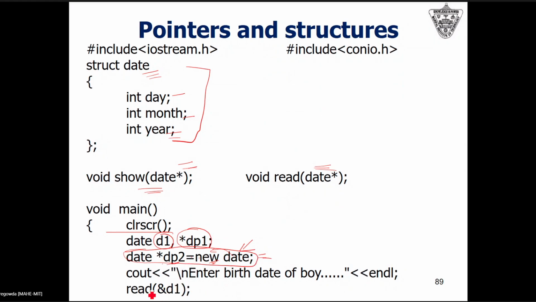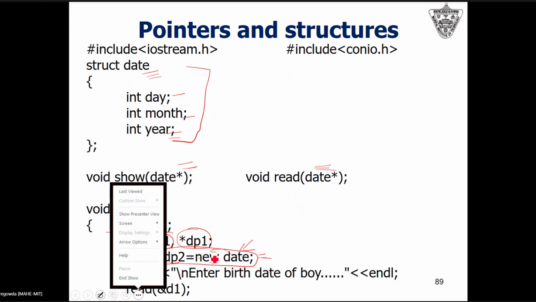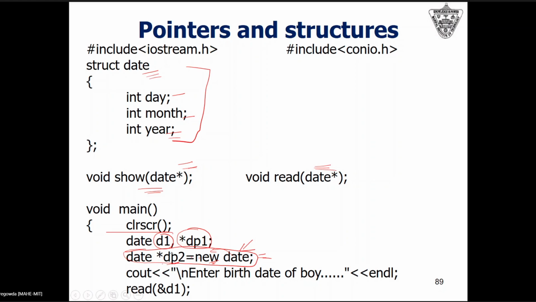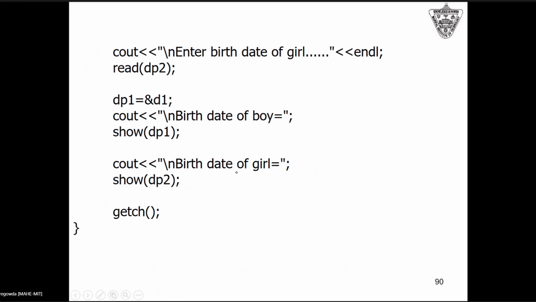Next, I have a statement read and D1, where D1 is the structure here. You pass the address of the structure to the read function, where I am going to read the values for the members.